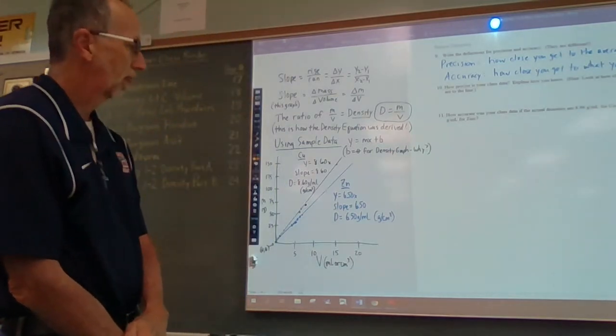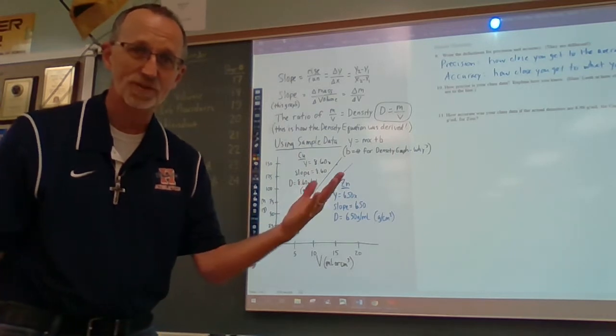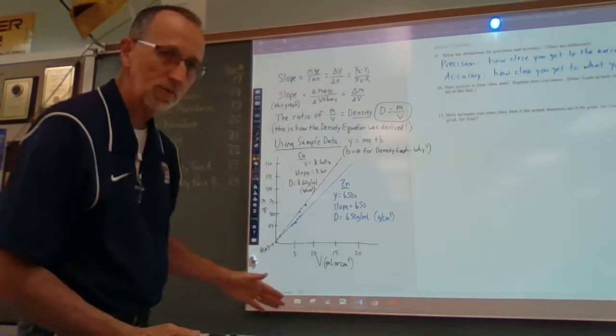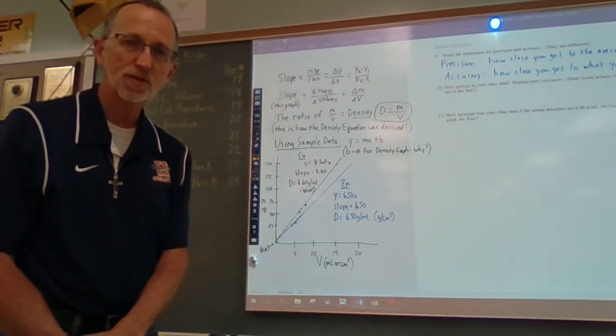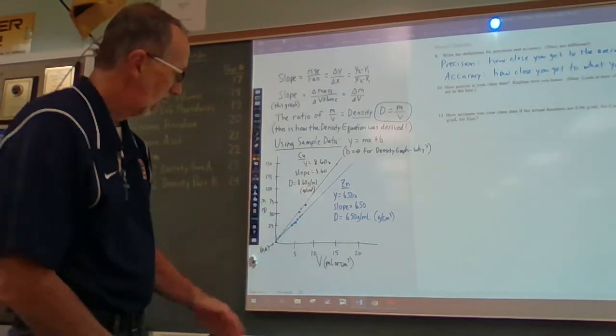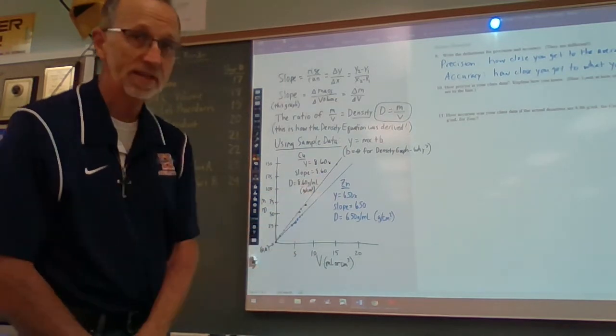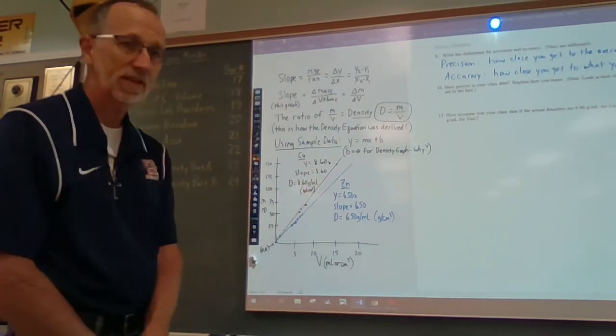And so a measure of precision, which is how close you got to the average of everyone, well, if the average of everyone is the best fit line, a measure of precision is how close these individual dots are to the line. And honestly, on the copper line, almost all the dots made the line, and if they didn't, they're very close.